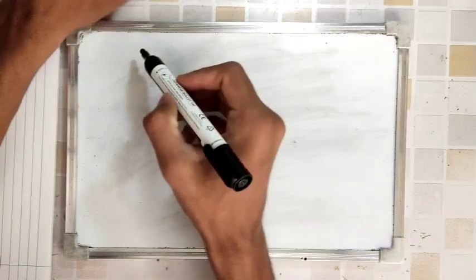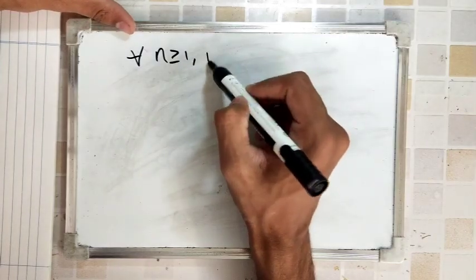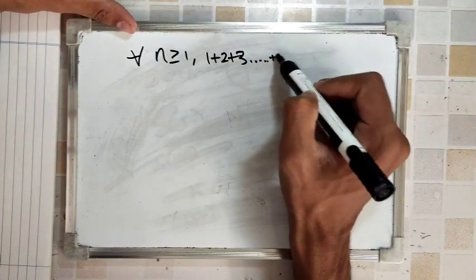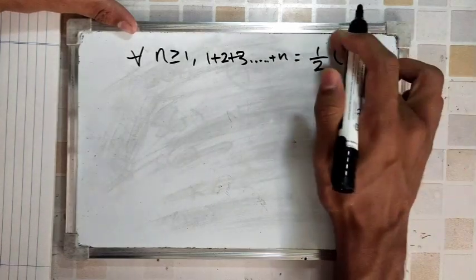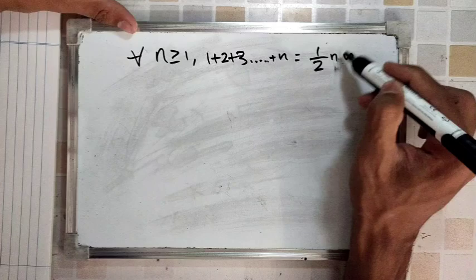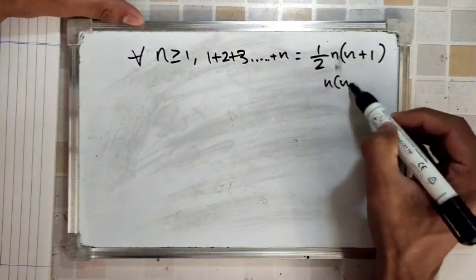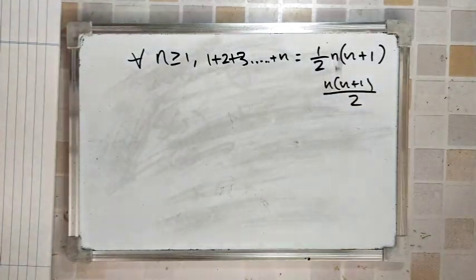Then we have here, for all n greater than or equal to 1, prove that 1 plus 2 plus 3 and so on up to n is equal to 1 by 2 into n into n plus 1, or n into n plus 1 by 2, both are the same.